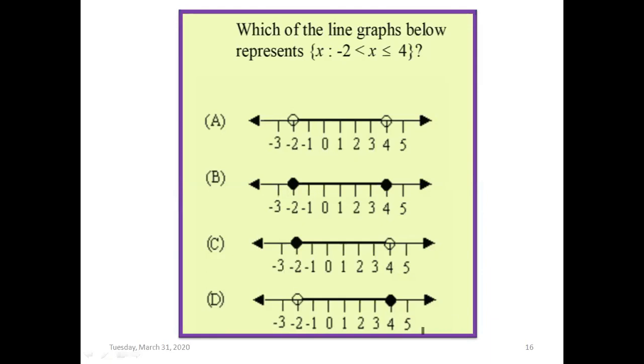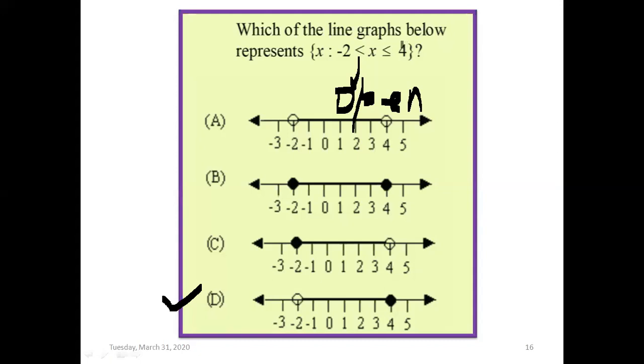You want to share how you came by that? All right, it is D. Whenever you have a less than sign, it means that the interval is open. So this means open.